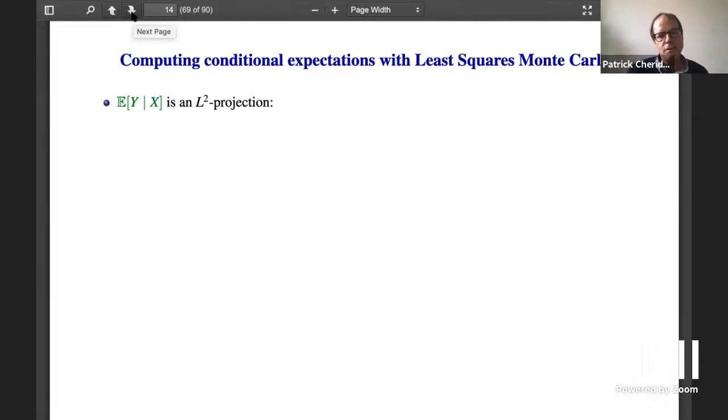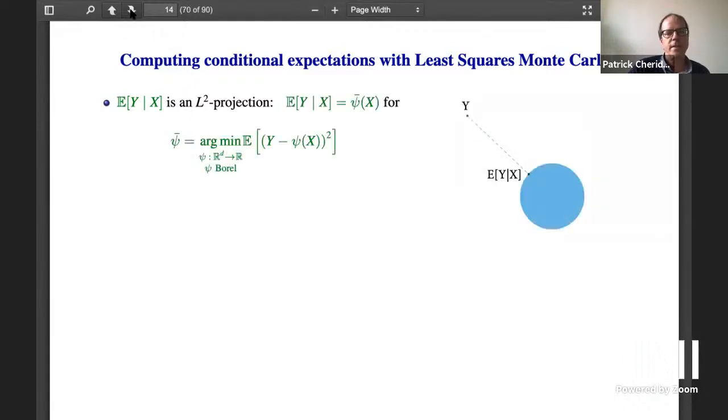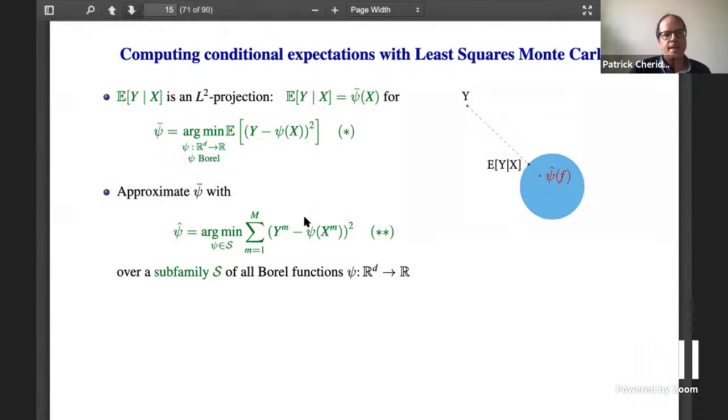So as I already mentioned, there are classical results that give error estimates on the splitting method, but the Achilles heel somehow in what we're doing is computing the conditional expectation in high dimensions. So in the last part of this presentation, I want to talk about conditional expectations. As we saw, they are L2 projections. So theoretically, I would like to minimize this expected square distance over all Borel measurable functions psi here.